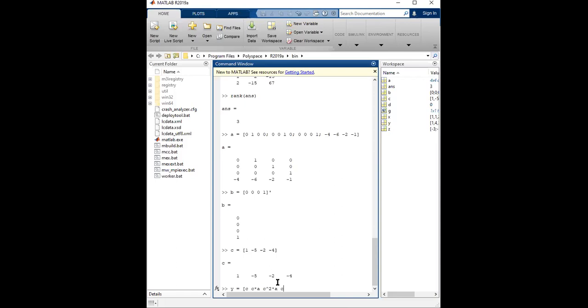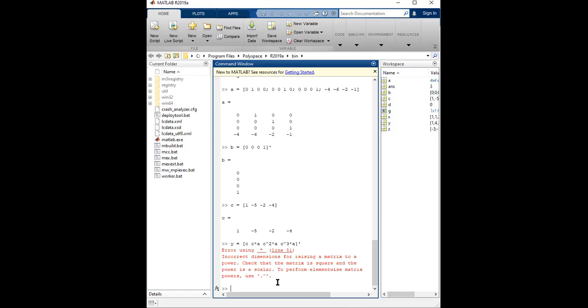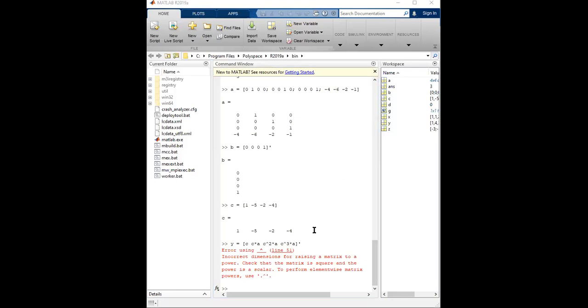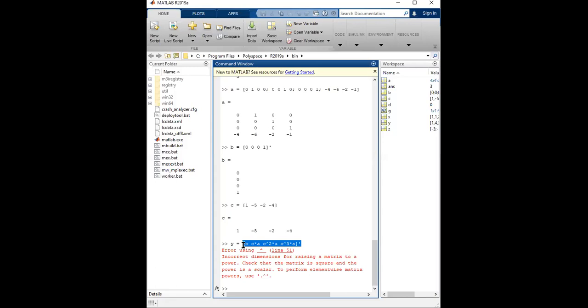And the next one is C cubed times A. Close bracket, apostrophe for the transpose. Oh, sorry, wrong. So put C times A squared and C times A cubed.